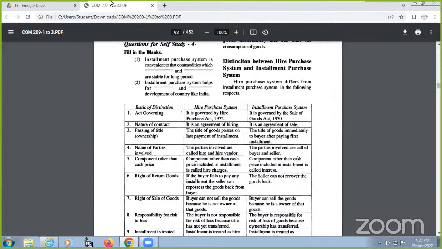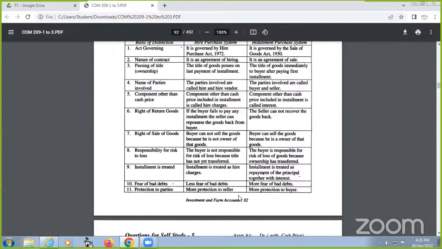Right of sale of goods: the buyer cannot sell the goods because he is not the owner of these goods; the buyer can sell the goods because he is the owner. Responsibility: the buyer is not responsible for the risk of loss because title has not yet been transferred; the buyer is responsible for the risk of loss of goods because ownership has transferred.